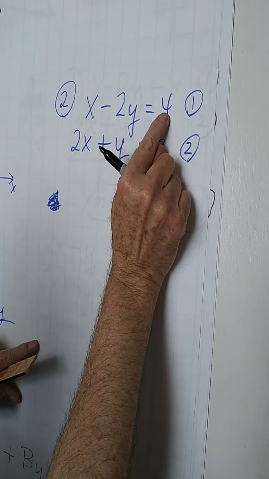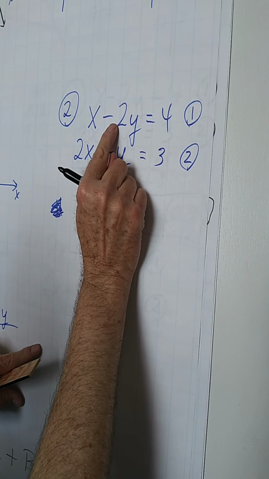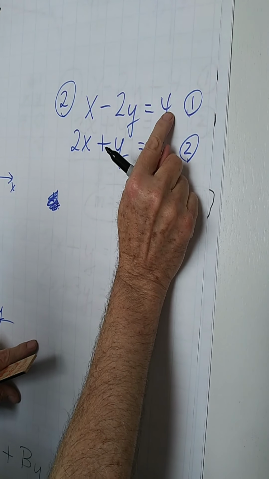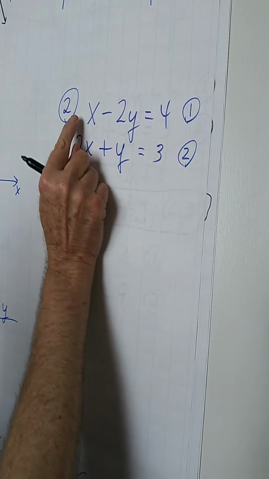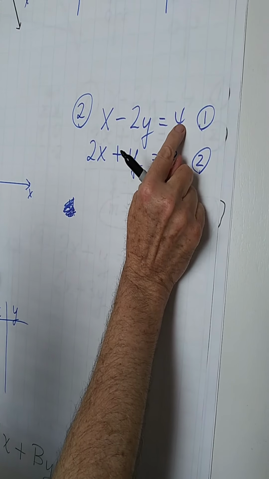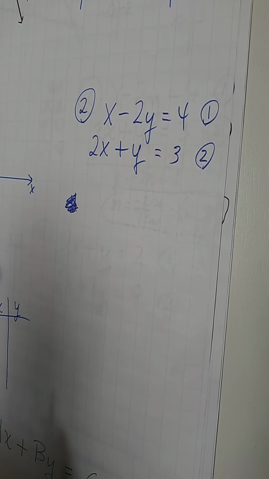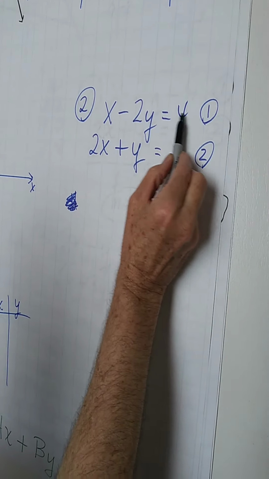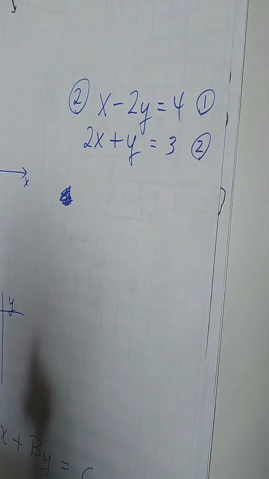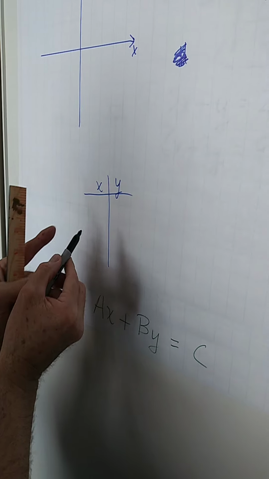The constant term 4 is evenly divisible by -2, so that intercept will be nice. The constant term of 4 is evenly divisible by 1, the coefficient of x. Since 4 is evenly divisible by both the coefficients of x and y, I would use the x and y intercept method, and I've got it ready right here when I'm going to do it in a moment.